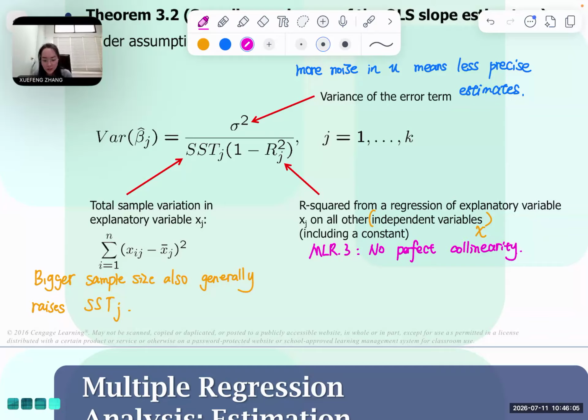So here, let me emphasize, imperfect but strong collinearity, while not violating MLR3, still makes your estimates much less precise, with wider confidence intervals and less reliable results.